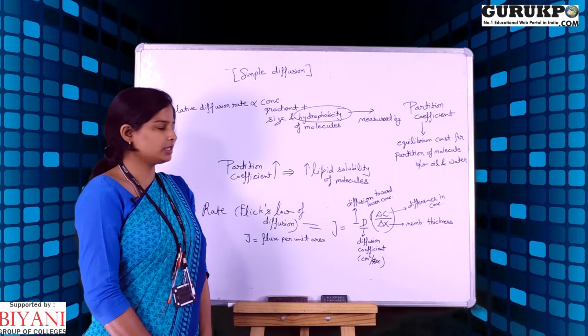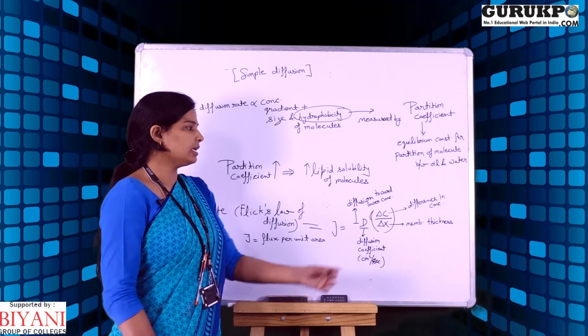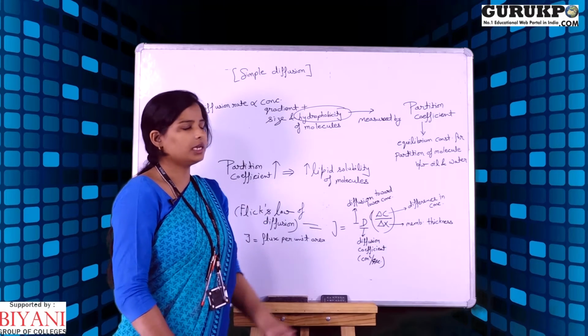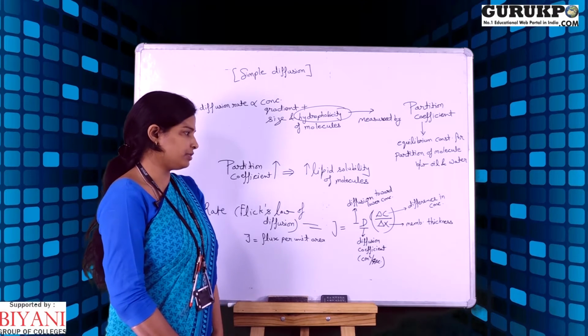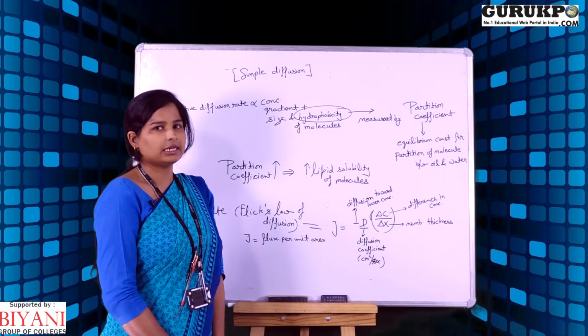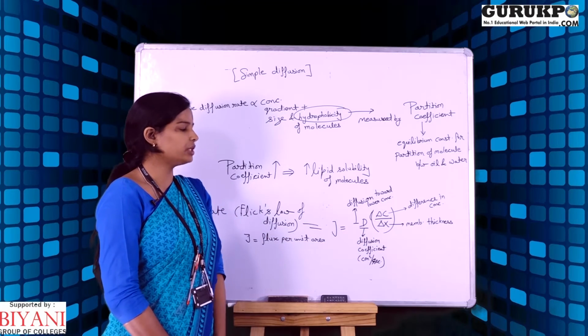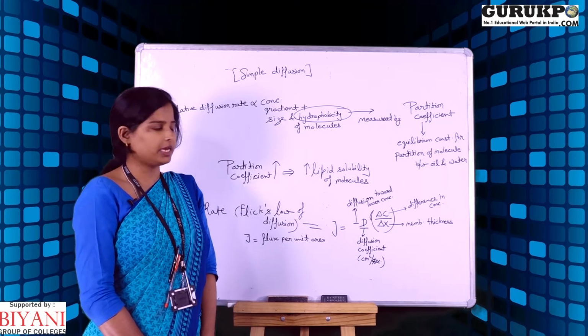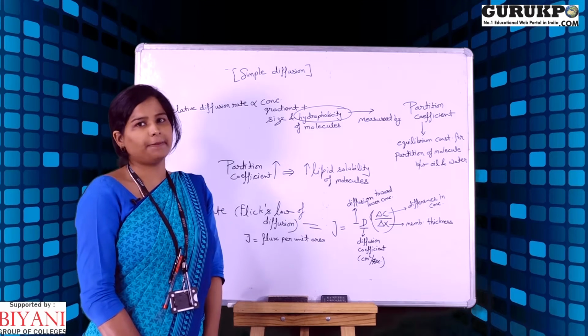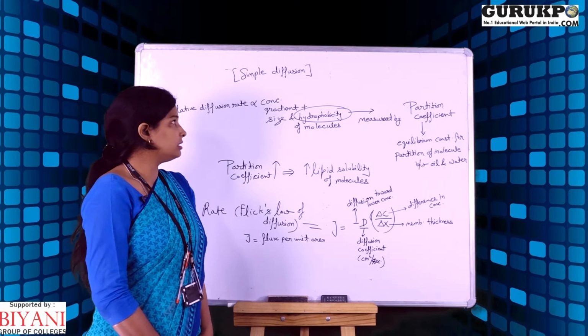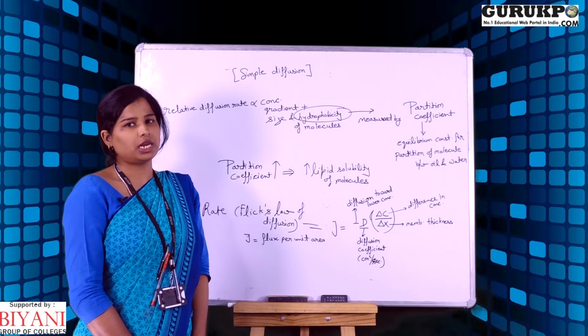Delta C is the difference in concentration across the plasma membrane. Delta X is the membrane thickness and capital D is the diffusion coefficient, which is measured in centimeter square per second.